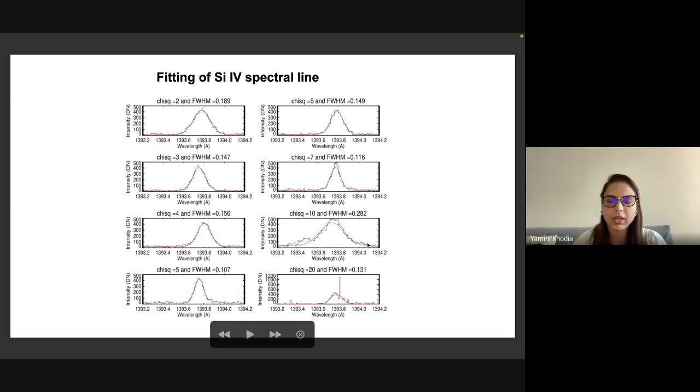If you see that chi-square equals 20, there is a huge sudden increase on the blue side, but that is just a data issue, let's say. Such kinds of issues do happen in the spectral data sometimes. So we don't have any other way to deal with it.